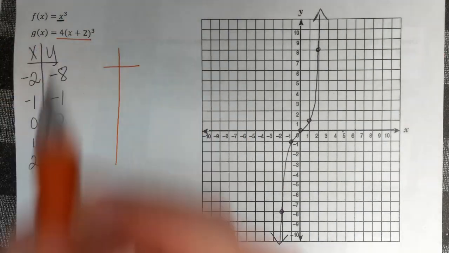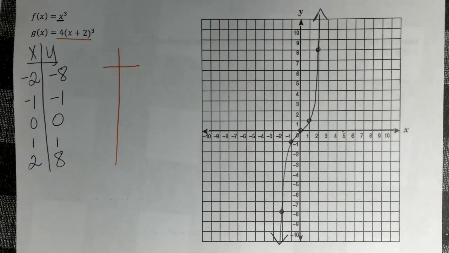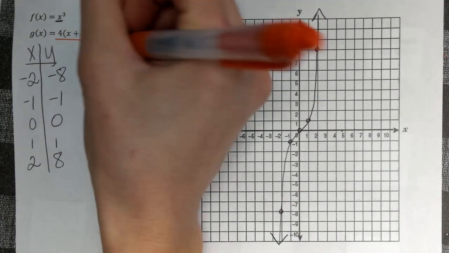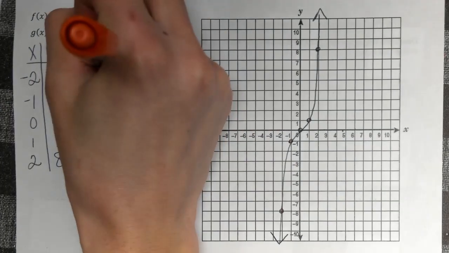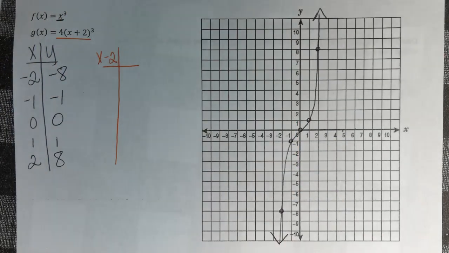4 times x plus 2 cubed. What is happening to my x? I have an x plus 2 in my function, so in my table, what should I have? X minus 2. It's the opposite of.